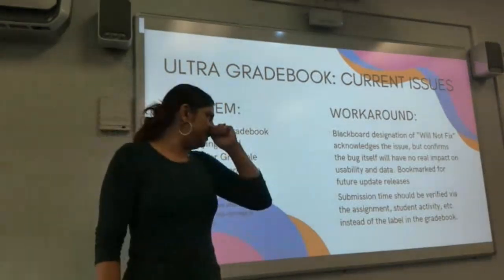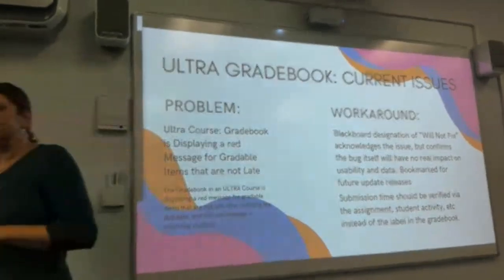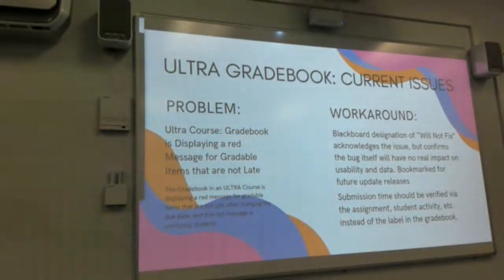So if you just verify the timestamp instead of the color coding, you just have to look closer and see when they actually submitted. If it's a discussion, it's right there on their post.